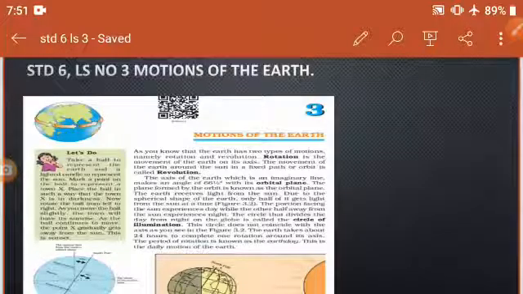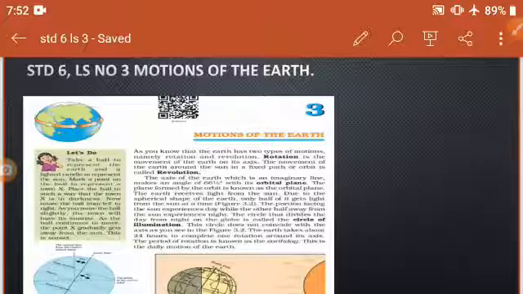So let's move ahead. The axis of the earth, which is an imaginary line, makes an angle of 66.5 with its orbital plane. The plane formed by the orbit is known as orbital plane. The earth receives light from the sun. Due to the spherical shape of the earth, only half of it receives light from the sun at a time.